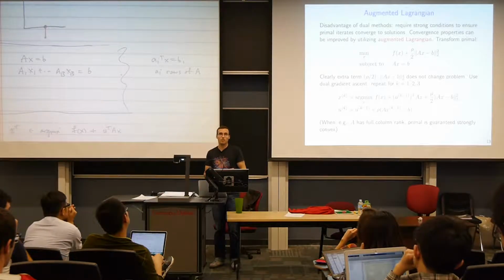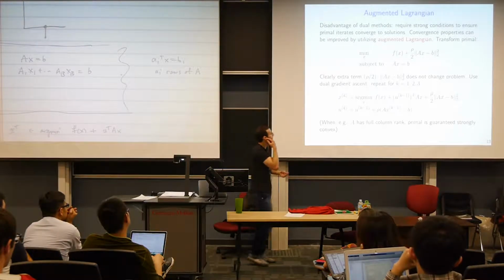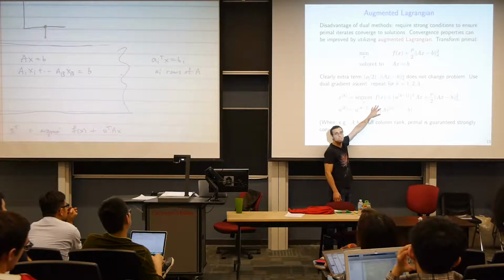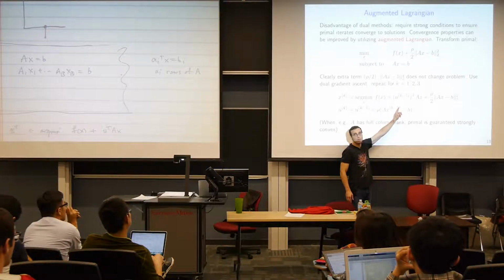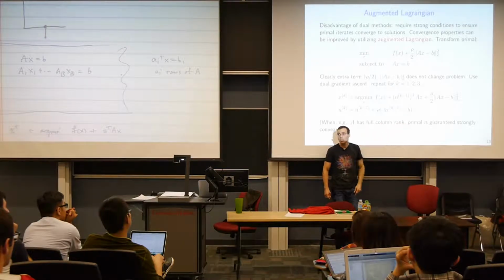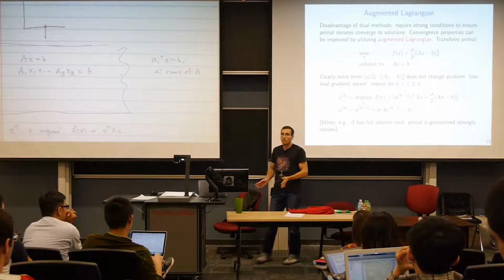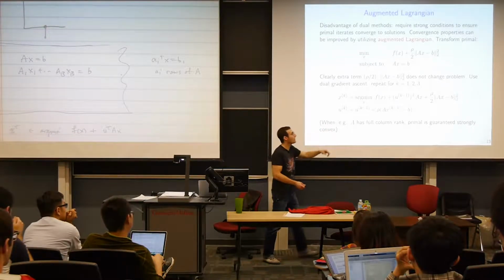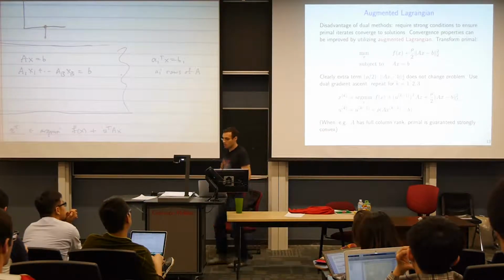What's the bad part? The bad part is that even if f decomposed across blocks of variables, I can decompose this, but I can't decompose that. They actually kill decomposability. This L2 norm squared is clearly not going to split up across blocks of variables.